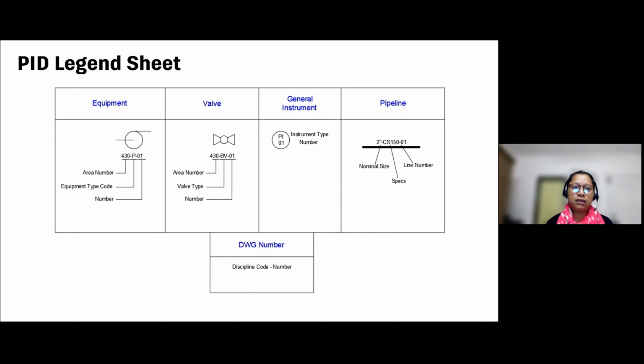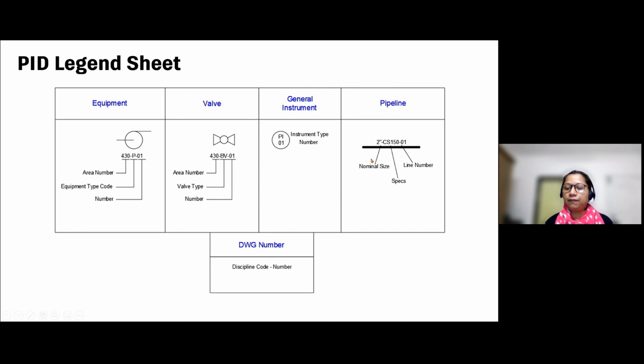Here you can see in this legend sheet, for equipment, we have received a tag format where we need to add the area number, equipment type code, and number. In the next section, for valve, we need to add area number, valve type, and number. And in case of general instruments, we need to add instrument type and number in this bubble.